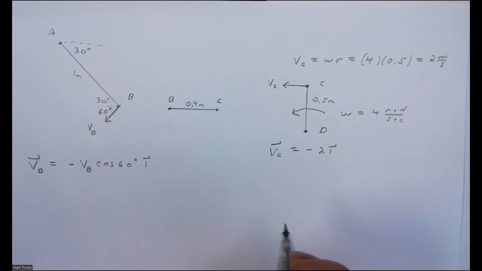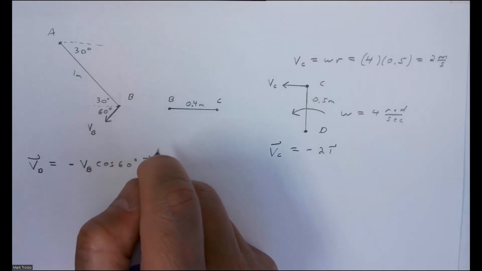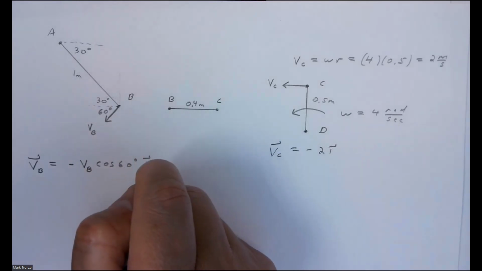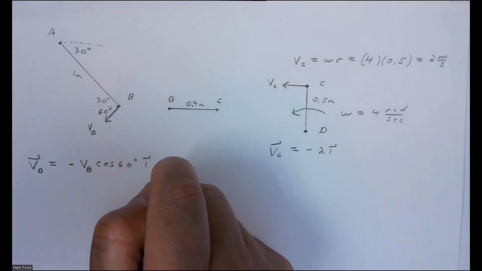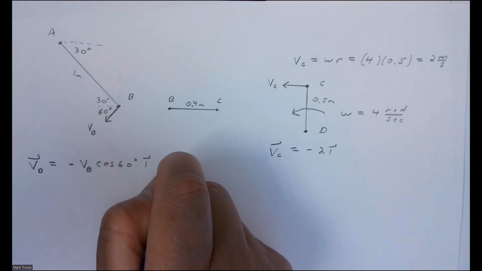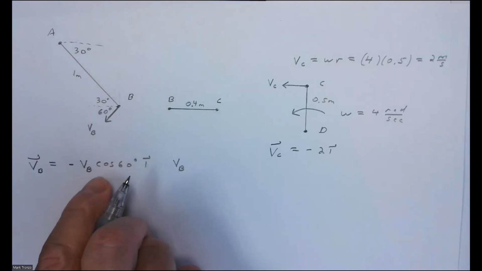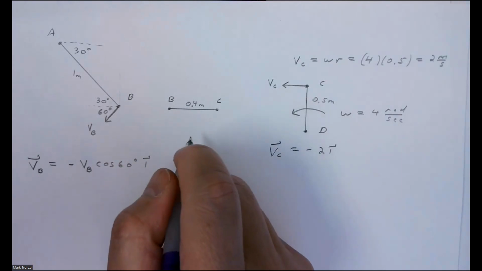Then over here, this is going to be VB. If this was cosine, this has to be sine.